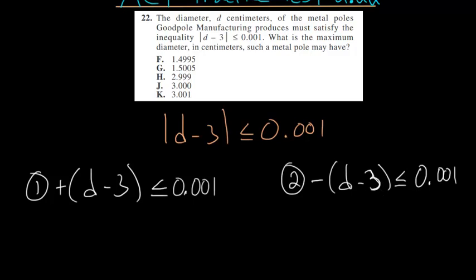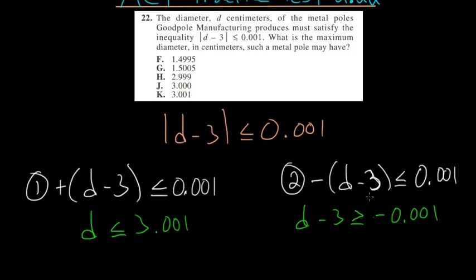Once you have both of these cases set up, now we can solve the inequalities for d. The most important thing to remember with inequalities is that if you multiply or divide by a negative number, you have to remember to flip the sign. With this first one, let's just add 3 to each side. So we have that d is less than or equal to 3.001. For the second case, first we have to multiply each side by negative 1, so d minus 3 is greater than or equal to negative 0.001.